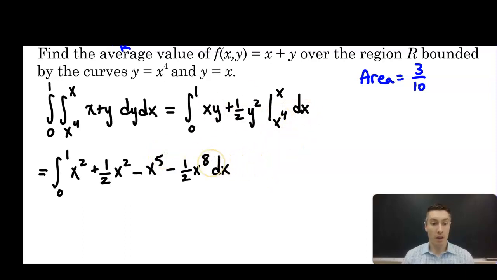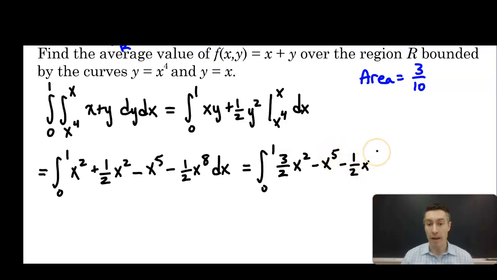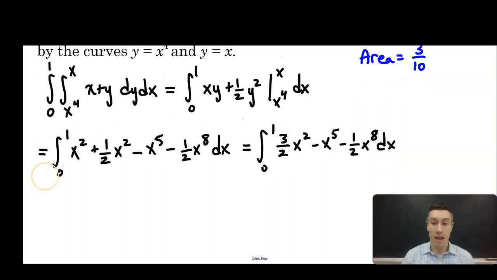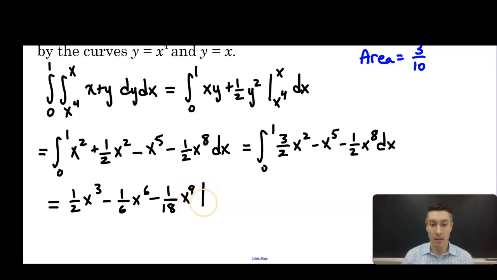Okay, we can combine like terms before we integrate. So that's going to be 3 over 2 x squared minus x to the 5th minus 1/2 x to the 8th dx. And integrate with respect to x. So that's going to be 1/2 x cubed minus 1/6 x to the 6th minus 1/18 x to the 9th.